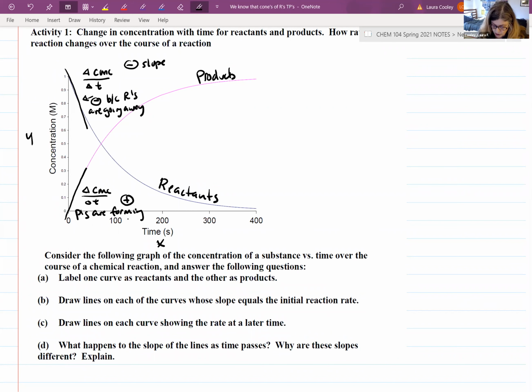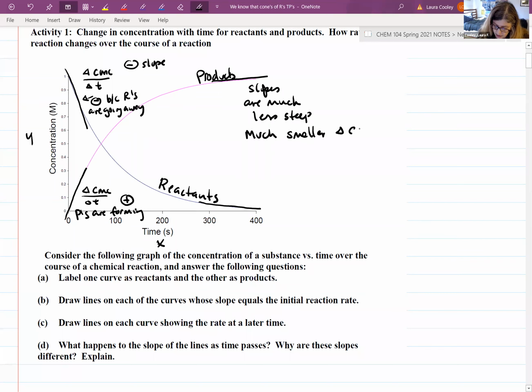They're large slopes, but at the end of a reaction, the slopes are much less steep. And these slopes still are the change in concentration over time, but there is a much smaller delta concentration over delta T, and that's because rate depends on the concentration of reactants.